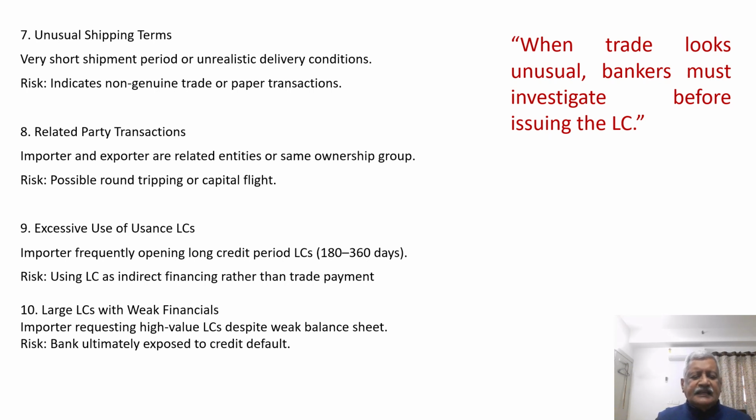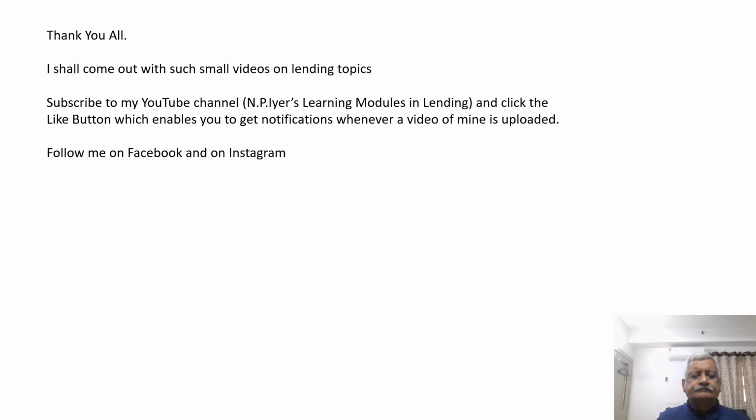Risk: using LC as indirect financing rather than trade payment. 10. Large LCs with weak financials. Importer requesting high value LCs despite weak balance sheet. Risk: bank ultimately exposed to credit default. When trade looks unusual, bankers must investigate before issuing the LC.